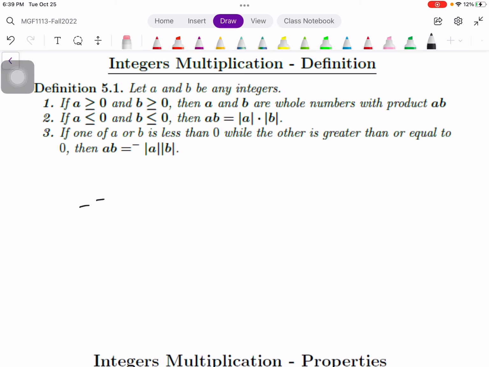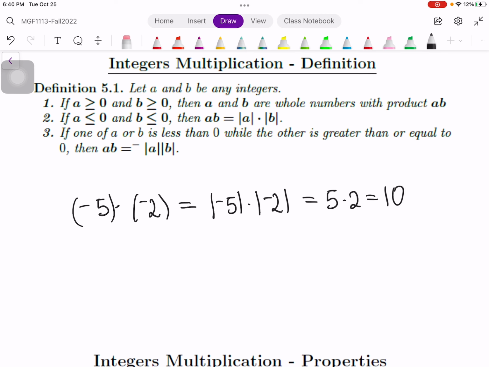For example, -5 times -2 will end up being the absolute value of -5 and the absolute value of -2. So basically 5 times 2, which is 10. And we know that when we multiply two negative numbers, we end up with this +10. Minus minus gives me plus, but formally, you really are multiplying their absolute values, right?